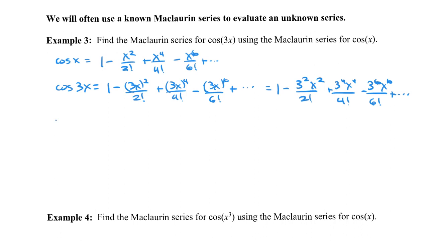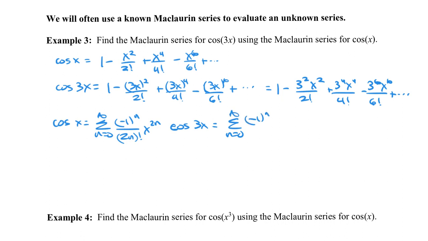And if we do the sigma notation, well, let's start with cosine of x, which is the sum from n equals 0 to infinity of negative 1 to the n, over 2n factorial, times x to the 2n. So then cosine of 3x is just going to be the sum from n equals 0 to infinity, negative 1 to the n, over 2n factorial.